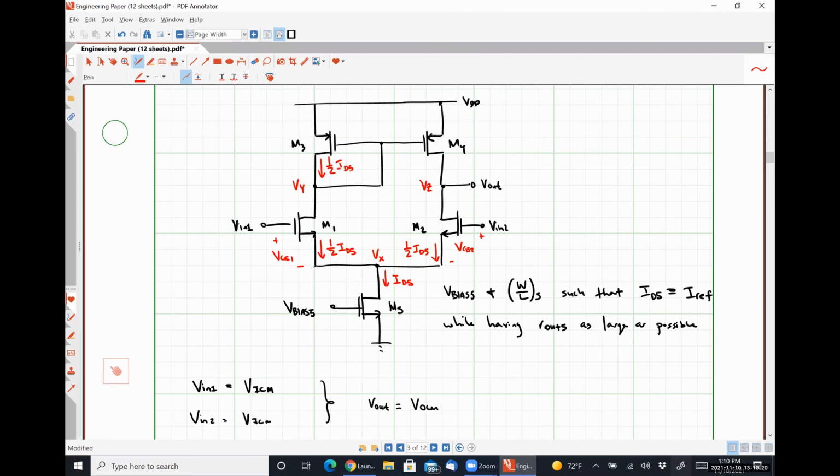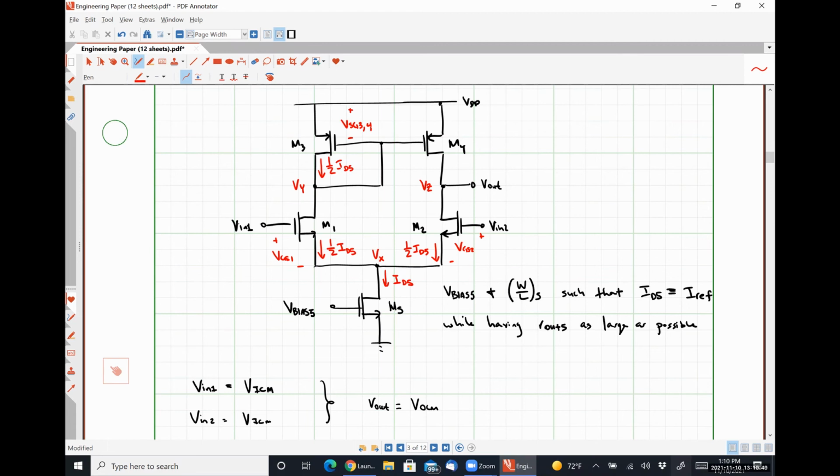If M3 is carrying a current of 1/2 ID5, which is a constant value, depending on what bias voltage we apply there, then we could say that this voltage, VSG3/4, is constant. Does that make sense?